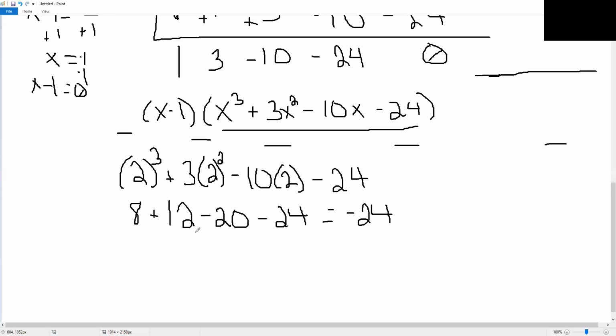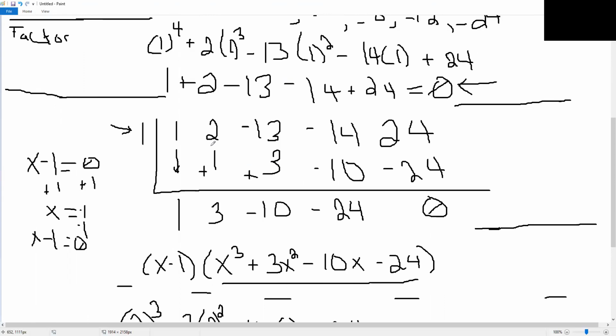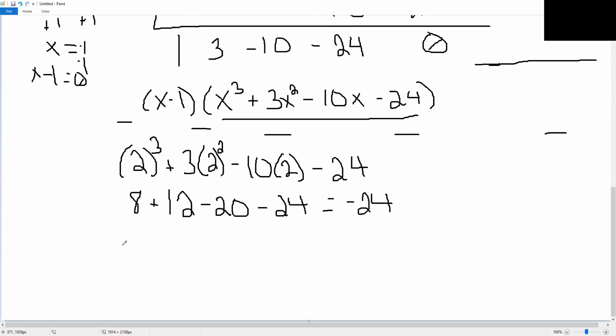What do we do next? Well, if you see here, this is a plus 2 and a minus 2. Now we're going to try the negative 2 and see if it works. Writing it down.